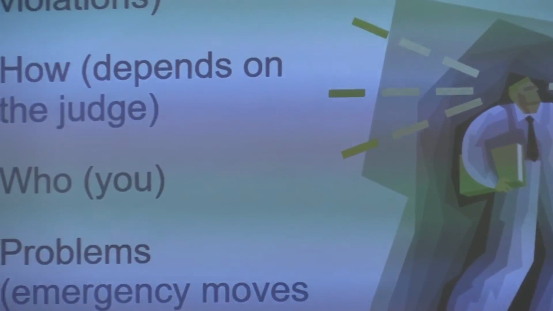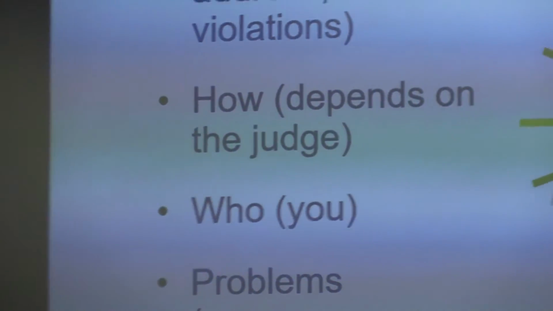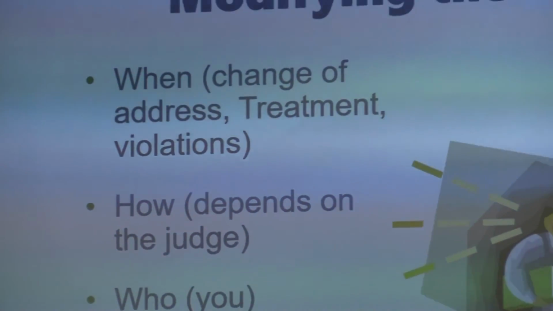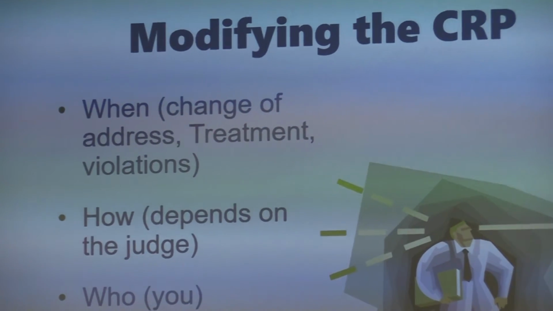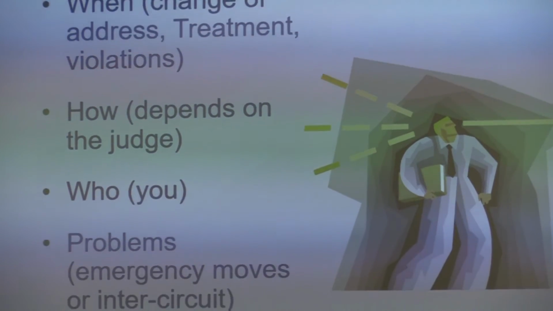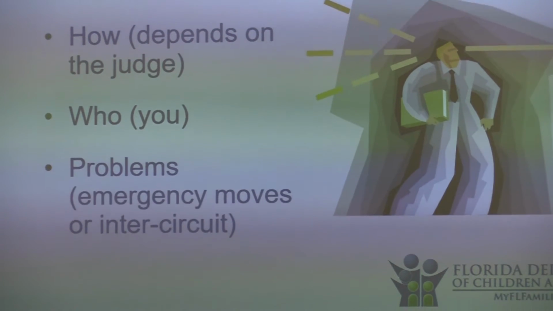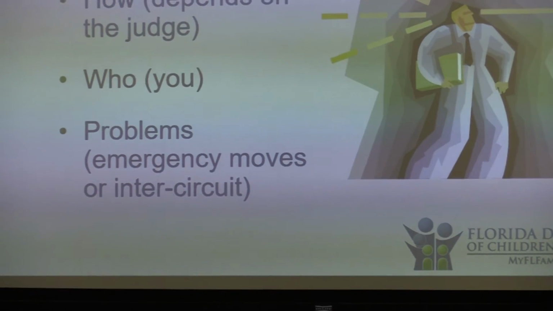Modifying the conditional release when things change, like an address, if they need treatment or they finish treatment. Sometimes clients will move. They'll call you from the other area: hey, I moved in with my aunt or whatever. Sometimes you need to backtrack.